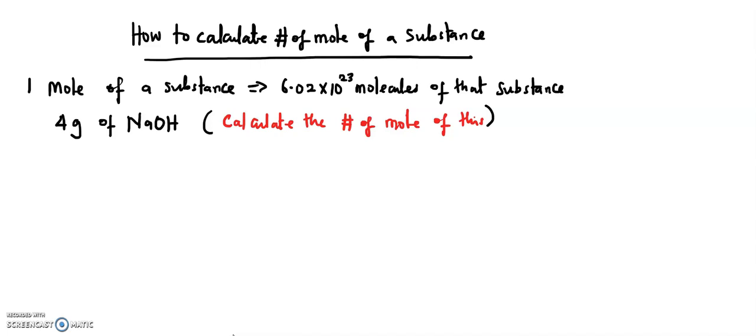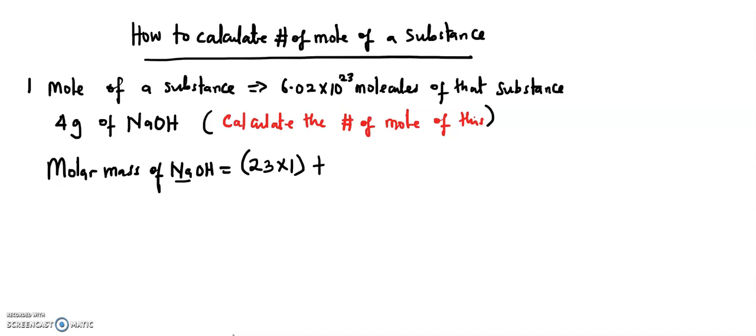So to determine the molar mass of sodium hydroxide, we say molar mass of sodium hydroxide will be equal to the relative atomic mass of sodium, which is 23 on the periodic table, and we have just one of it, times 1, plus oxygen is 16, and we have just one oxygen atom, times 1, plus hydrogen is 1, and we have just one hydrogen atom.